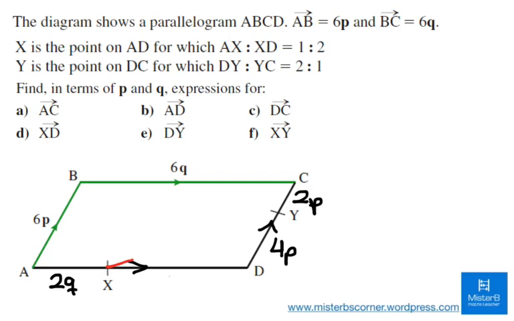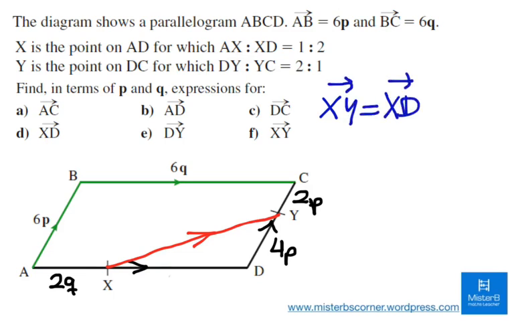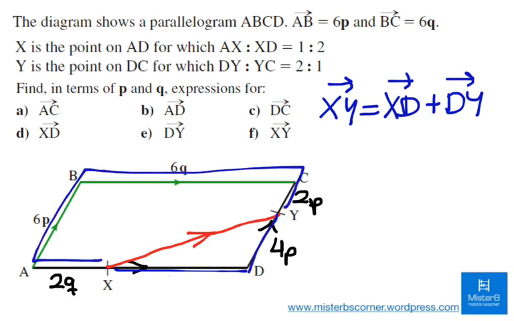Now, XY here is XD, so let me write this down. XY equals XD plus DY. Alternatively, you can go back and wander around, but this will be the addition of 4 vectors.